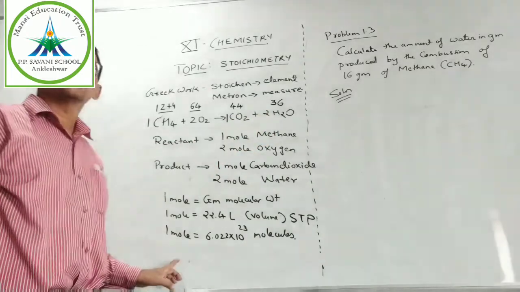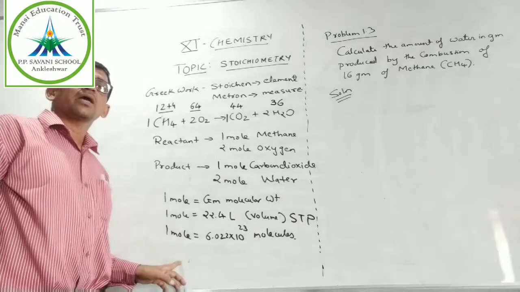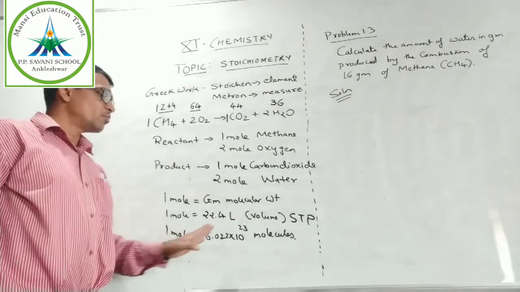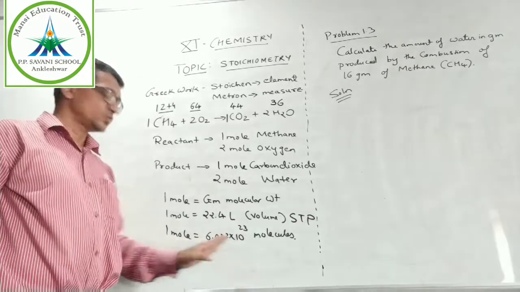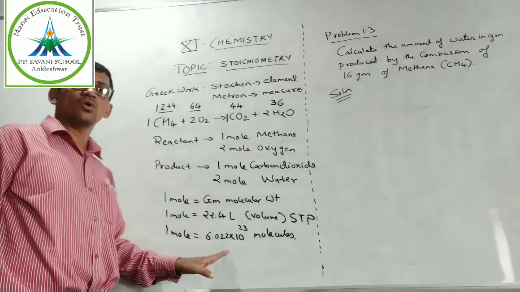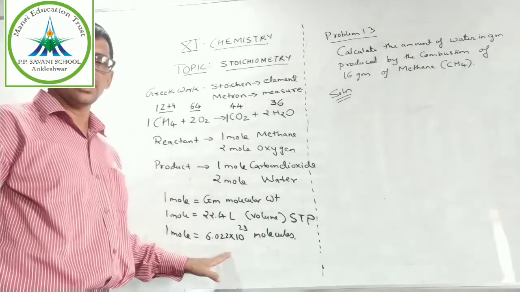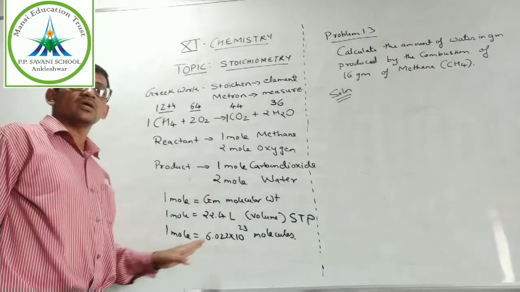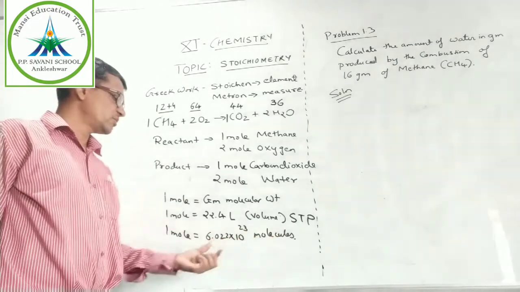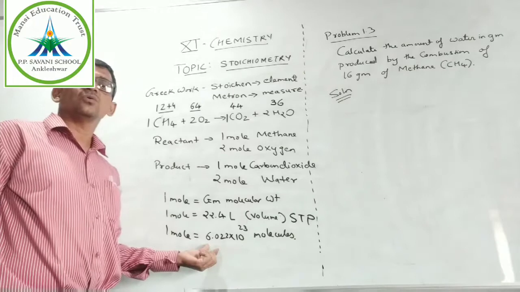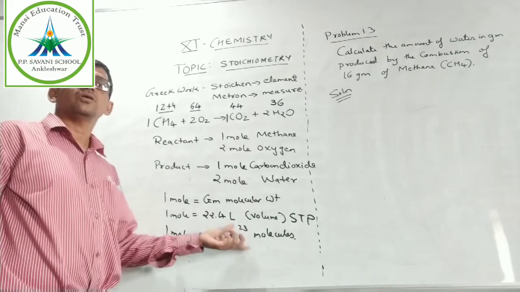Last, from stoichiometry we get the number of molecules. 1 mole is equal to Avogadro's number. The scientist Avogadro discovered that 1 mole has Avogadro's number of molecules, and that value is 6.022 into 10 raised to 23 molecules.